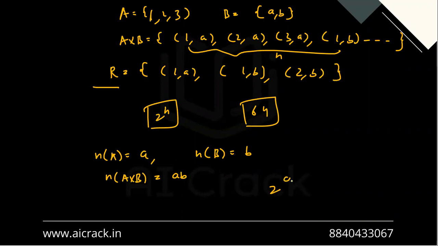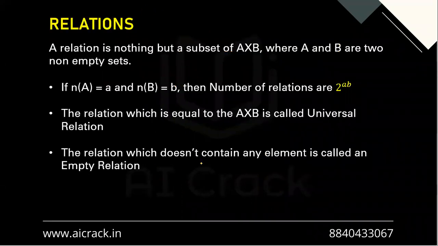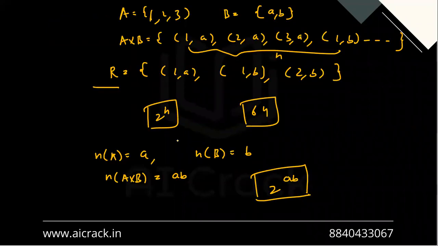That will be 2 raised to the power ab, because ab is the number of elements in the cross product. So if we are given a set A and a set B, then 2 raised to the power ab is the number of relations, or subsets, of A cross B. So these are the points which I have explained in this slide.